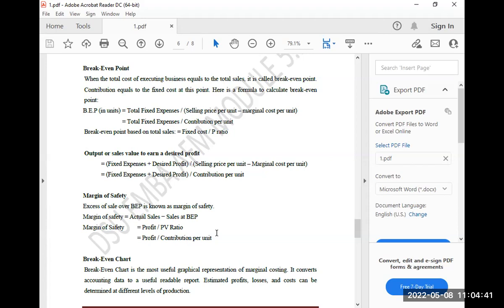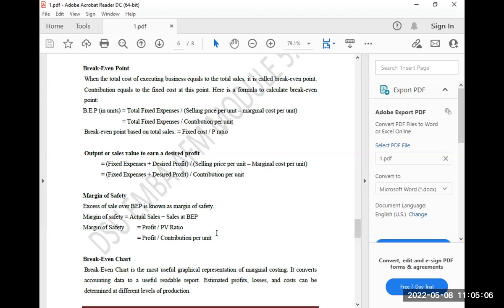Suppose 10,000 units is the break-even sales. Your company is expected to sell 10,000 units of product so that you reach zero profit or zero loss. If your company is actually selling 18,000 units, what's the margin of safety now? Your company is safe by 8,000 units of sales.